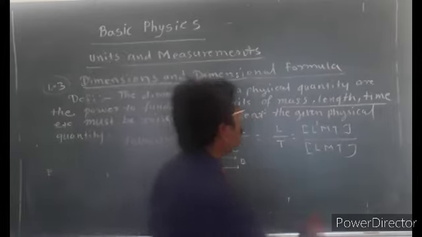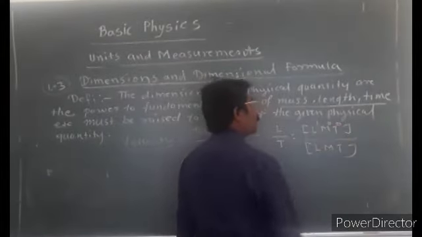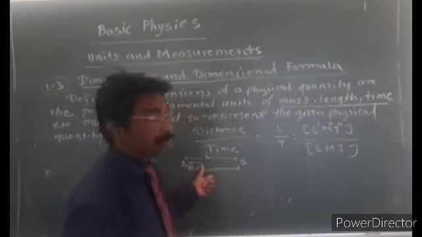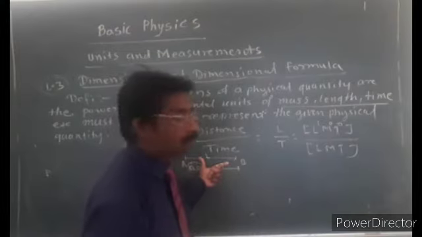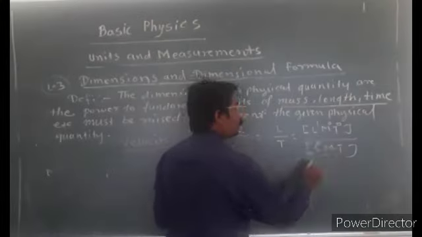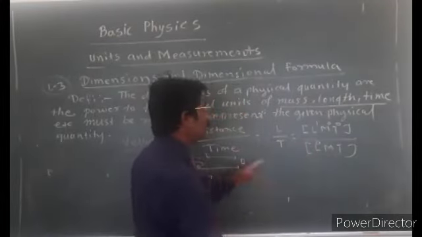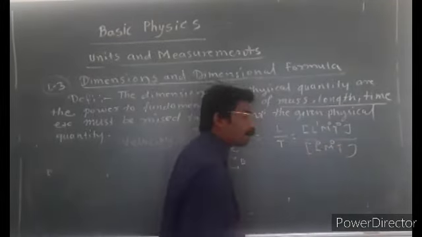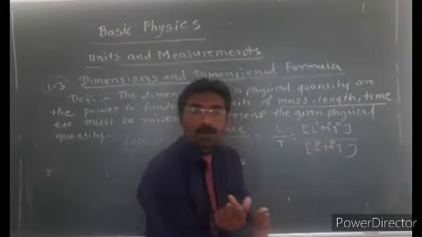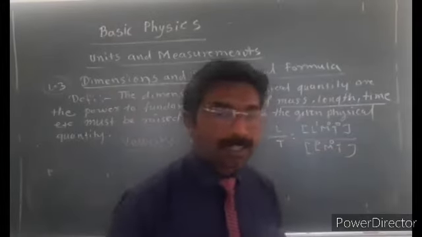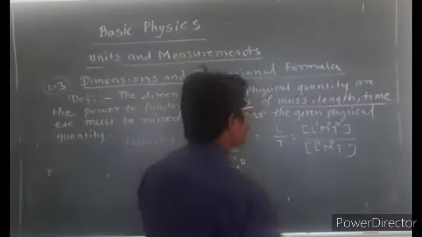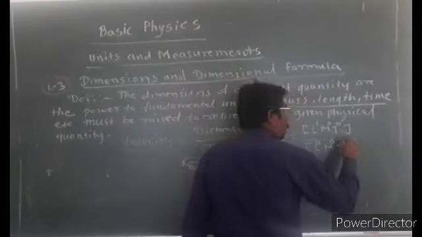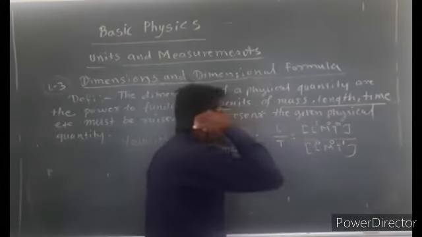Not at all. So M0, T0. What about time? Yes, time is required. Is distance required to measure the time? No, not at all. So L is raised to 0, M is raised to 0, because mass is not necessary to find the time, but time is required to measure time. That's why I can raise T by 1.